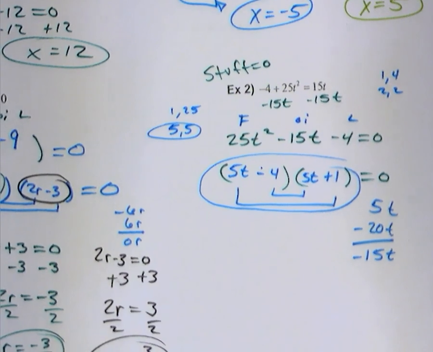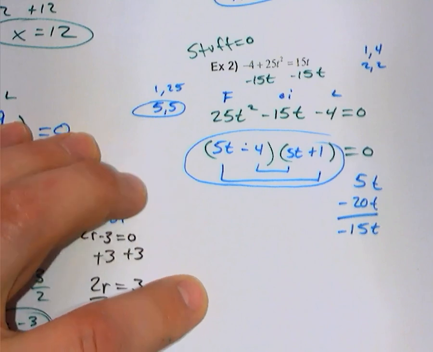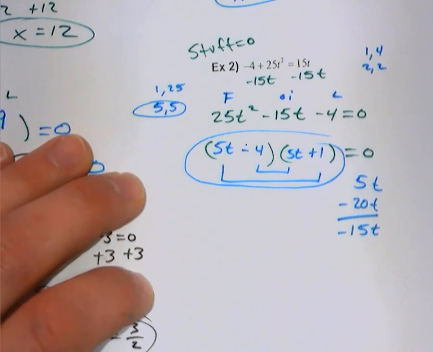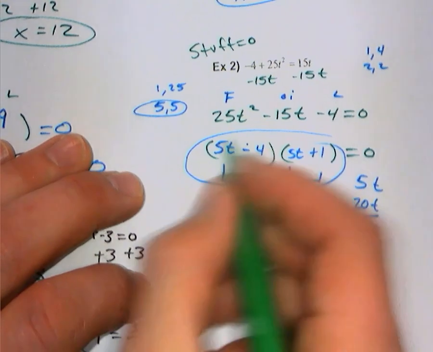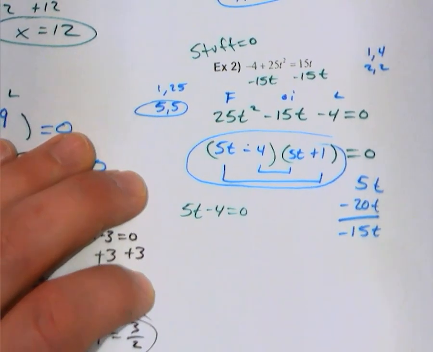Are we done? We're done, right? Oh, we're not done? What do we have to do? Yes, sir. We got to set it equal to 0 and solve it, right? So set each of these quantities equal to 0. Some of you guys are really good and you can do it in your head, right?